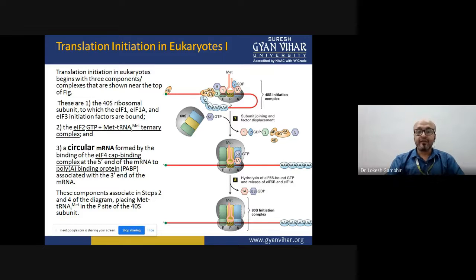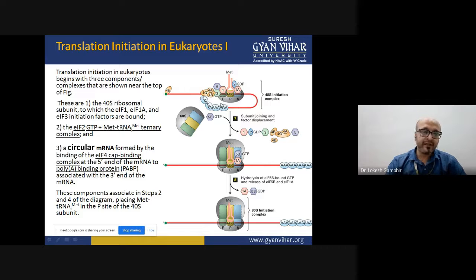Now once this mRNA has aligned itself at the starting codon, next we have to ask the large ribosomal subunit to come and seal this complex to form an active ribosome which will carry out protein synthesis. This work is performed by initiation factor 5, which will remove all the initiation factors.